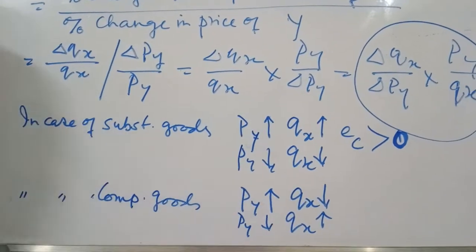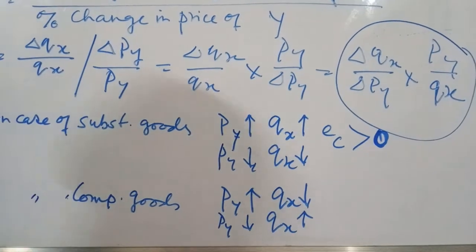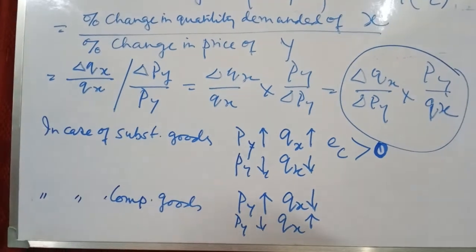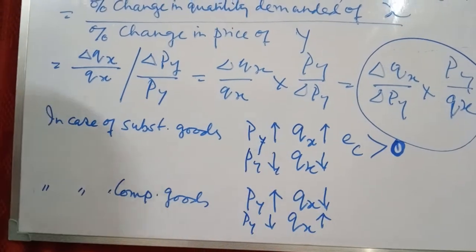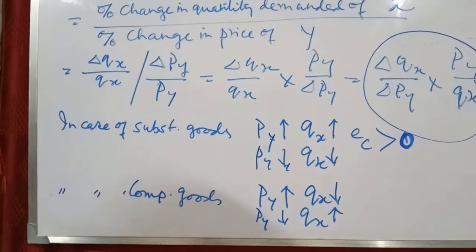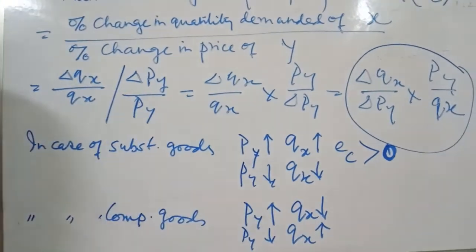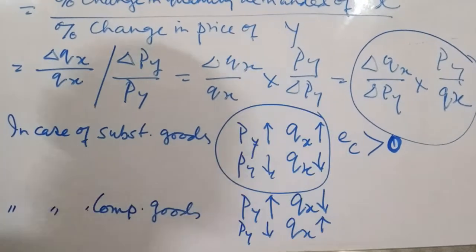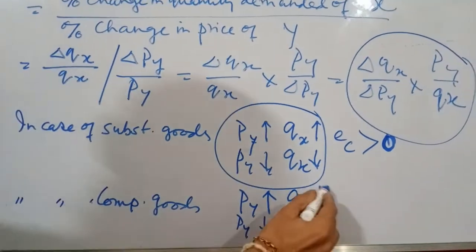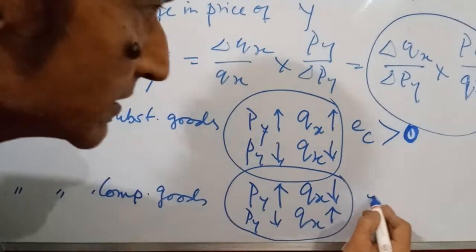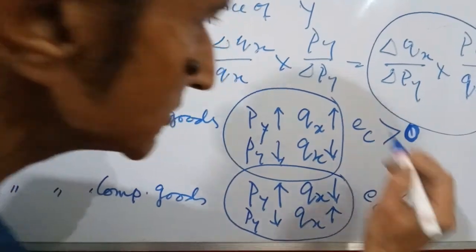So you can see that in case of complementary goods, the price of one commodity and the quantity demanded of another commodity are inversely related, isn't it? Here they are positively related and here they are negatively related. So here EC is less than 0.